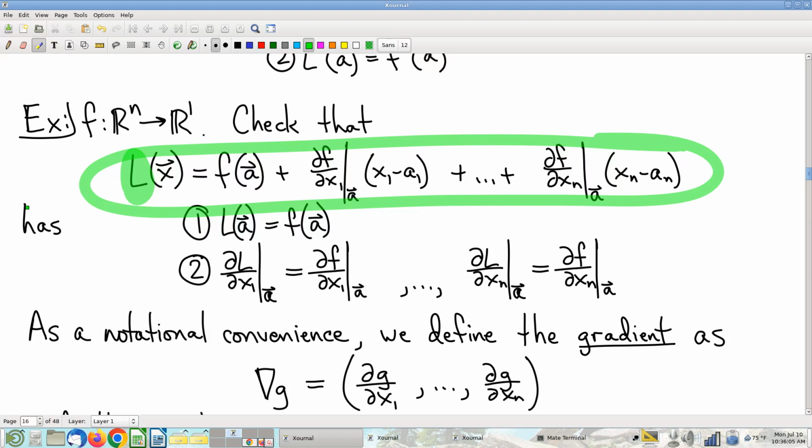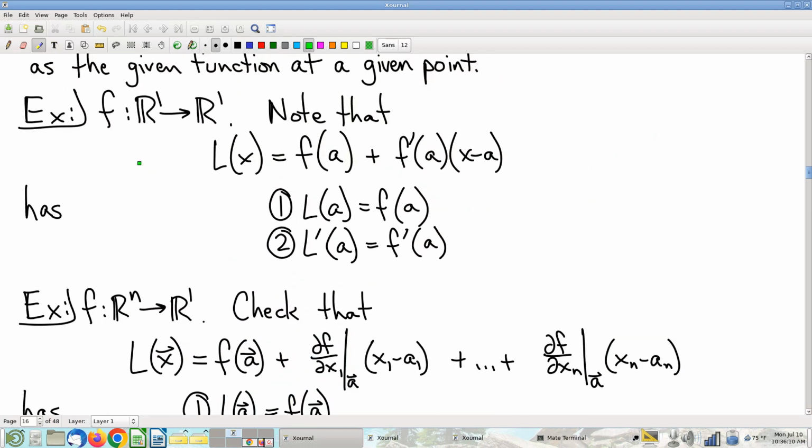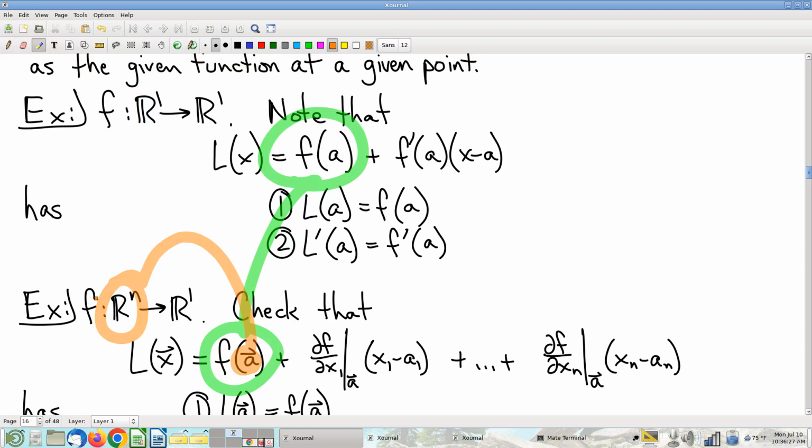And even notice that structurally it kind of looks like the single variable linear approximation. There's the value that f actually is at the given point. Now, of course, the given point up here is a point in R1, so it's just some number A, some point on the real number line. Over here, this is a point in Rn, so it's a vector.